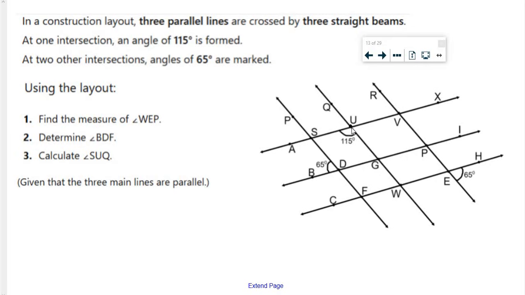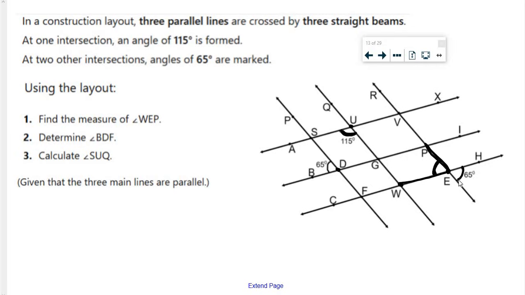At this intersection here, an angle of 115 is formed. At 2 other intersections, meaning here and here, angles of 65 are marked. Now using this layout, you can see here, find the measure of angle WEP. WEP, they mean this angle here.